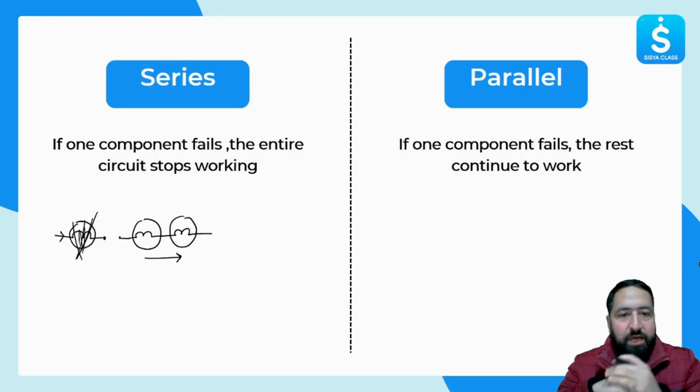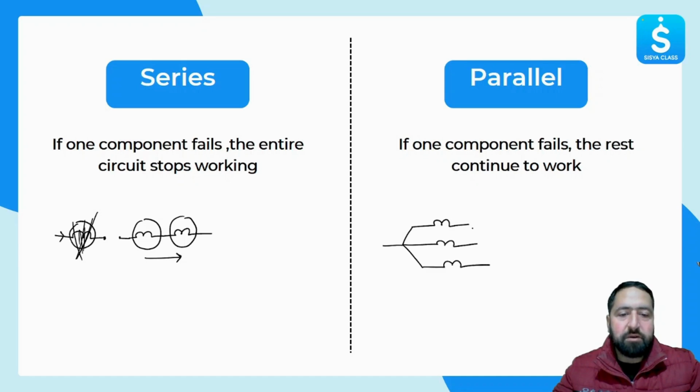Very good. But in case of parallel connection, if one component breaks, the others will continue to work. They will not stop. If I have got it like this, for example, one bulb fails, but the current through the other bulbs will still be the same, it will not change.